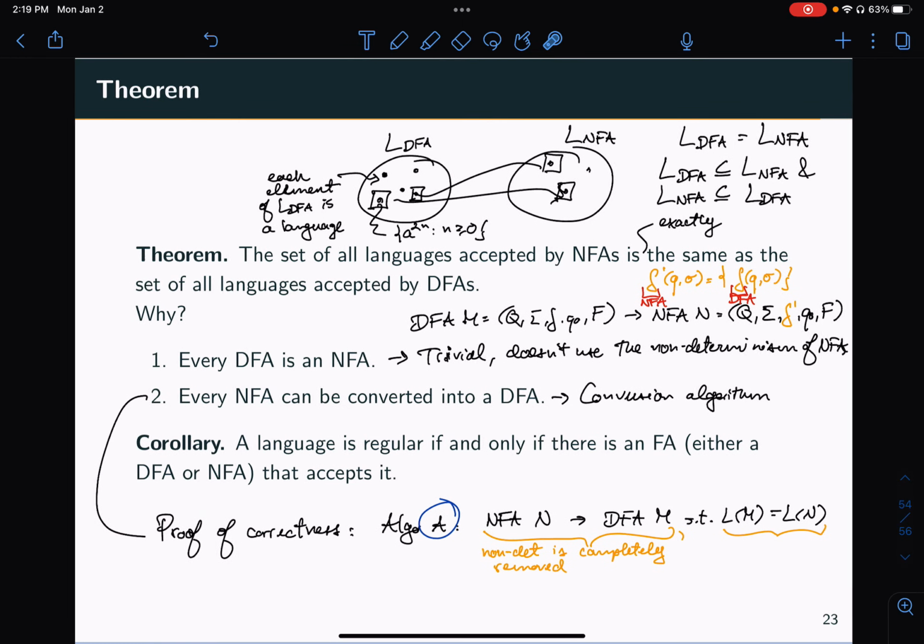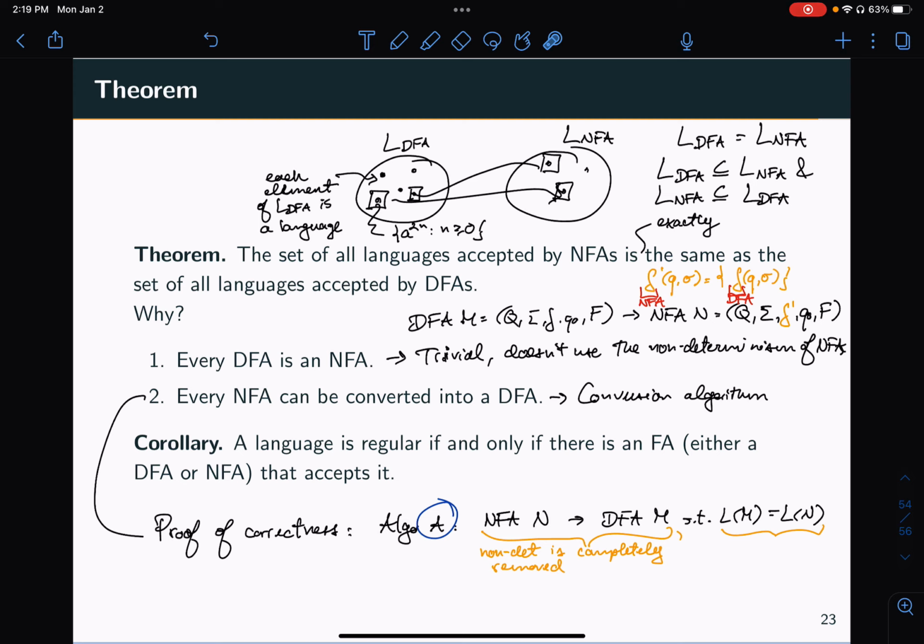Supposing then that we believe that these two set inclusions are true, then we have an equality of the family of languages accepted by DFAs and NFAs. And so, as a corollary, a language is regular if and only if there is an FA, which is either a DFA or an NFA, that accepts it.